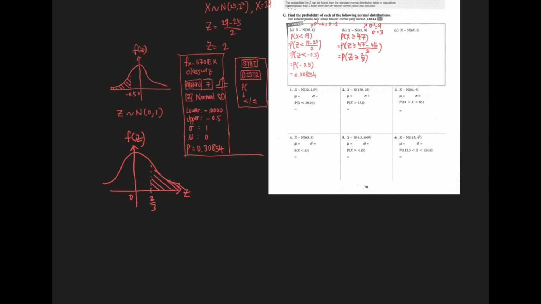So when you press lower, you see our shaded region, the left hand side is 2 over 3, so you change the lower to 2 over 3. For the upper, you see our shaded region is going all the way to the right.